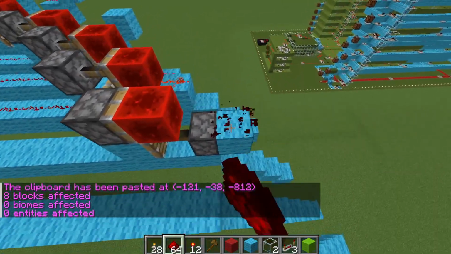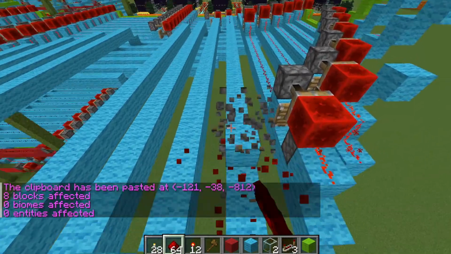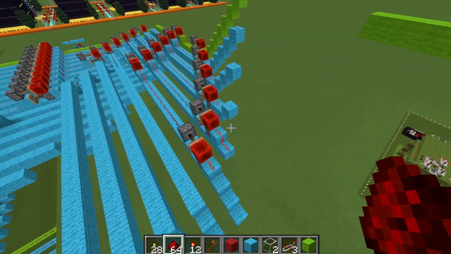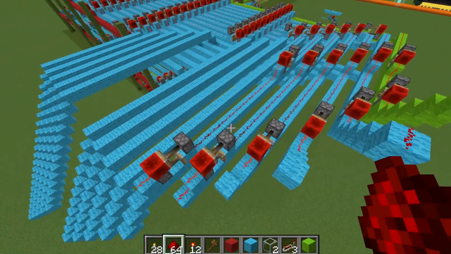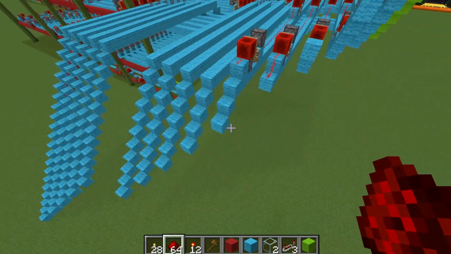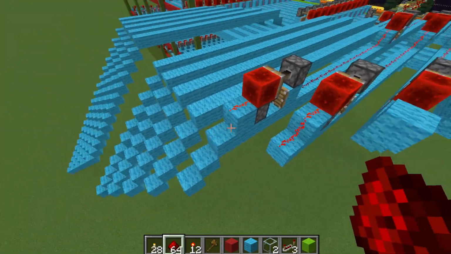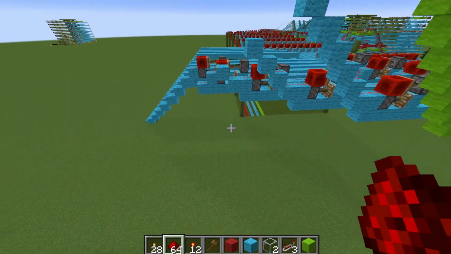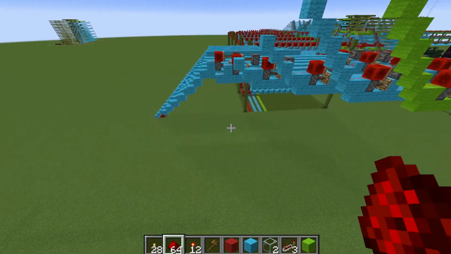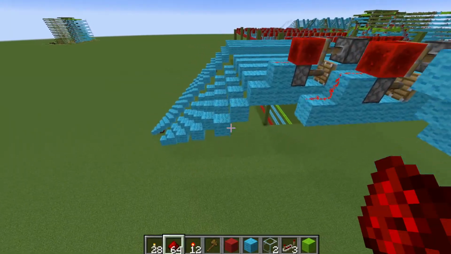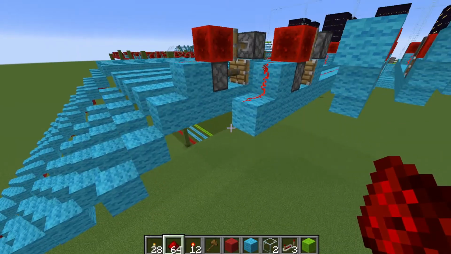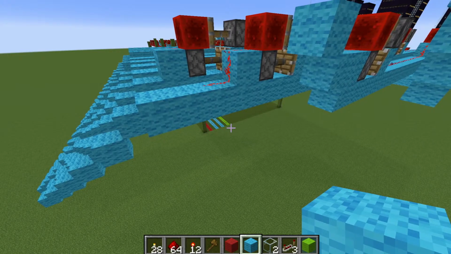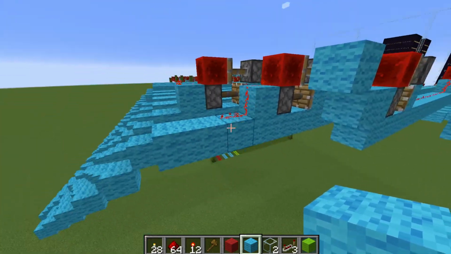Why is that one broken? Oh, I see. This is in fact all broken. That needs to come out of there, and these all need to come out one more as well.